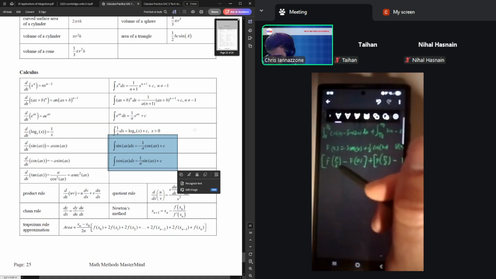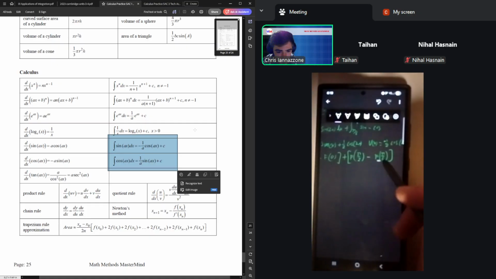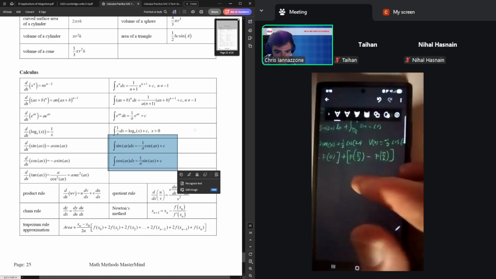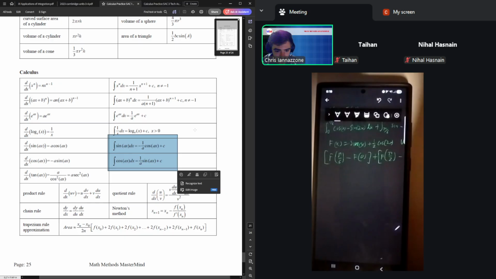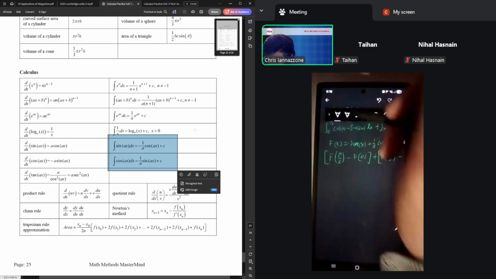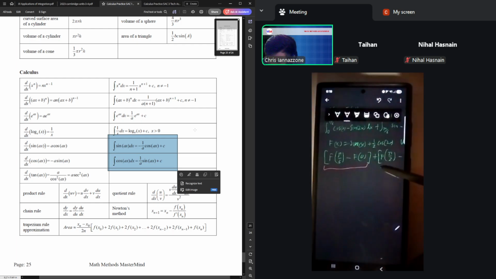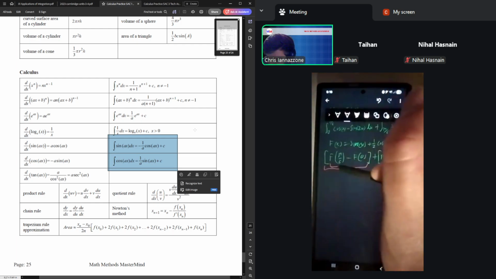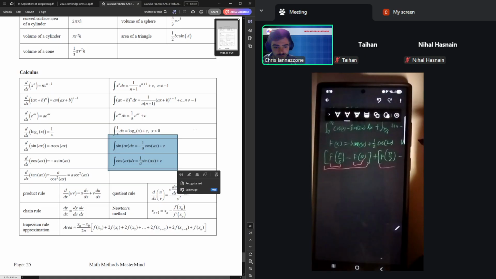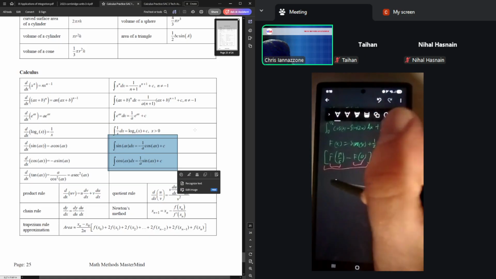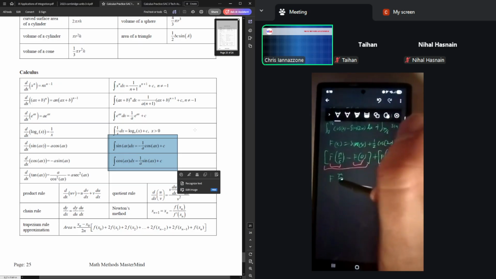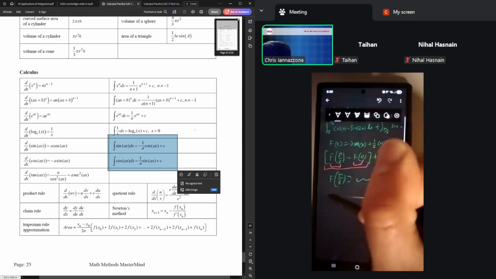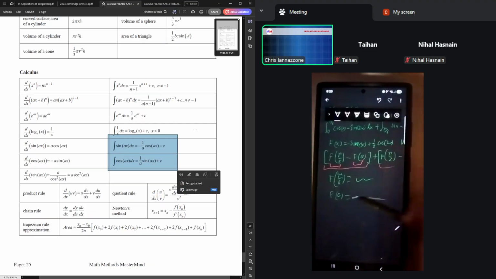What you'll notice is capital F of pi over 6 exists in both cases, so one little thing you can do would be to do each of these individually and then plug them in at the end. So your working out could be, capital F of pi over 6 equals this. Capital F of 0 equals that.